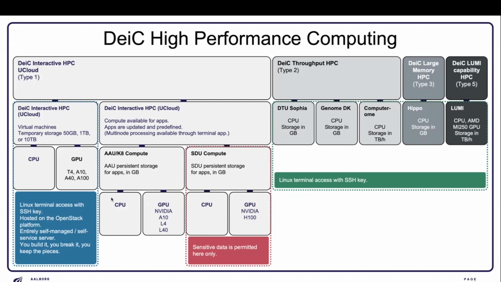In the Aalborg K8 provider, there are a number of NVIDIA GPUs available, and the size of the memory on these GPUs essentially goes up as the number goes up on the model number. You can Google these models to check specifically what you need, but the size of the memory on the GPU is important for deciding how big a large language model you can host on the GPU when you want to start asking questions, for example, to a chatbot.